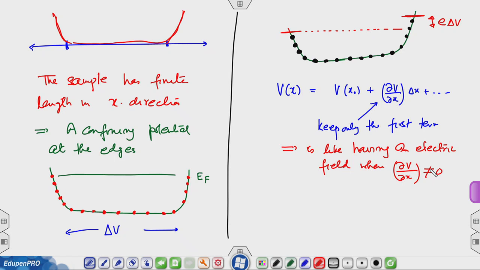So, what you see is that in this potential, here is some electric field, here is some electric field, and that means I have, in addition to the applied magnetic field, this electric field.